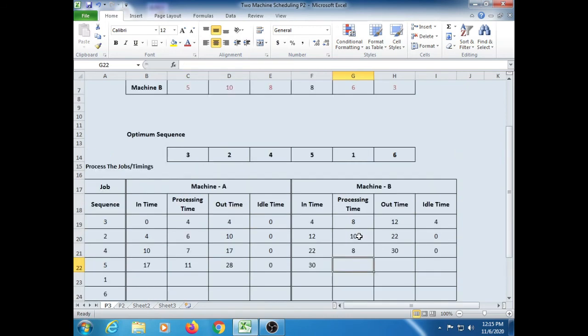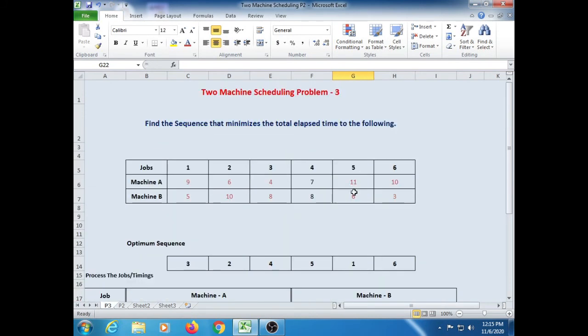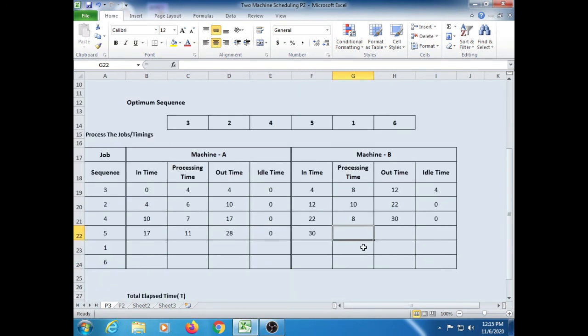And what is the processing time here? The processing time of job 5 is 6, so we take 6 here. And next, what is the out time? How to calculate? In time plus processing time gives us the out time.